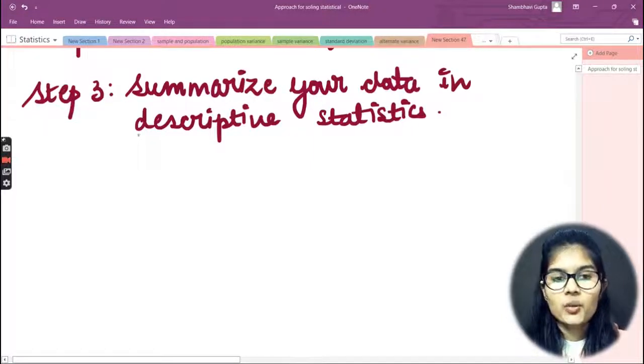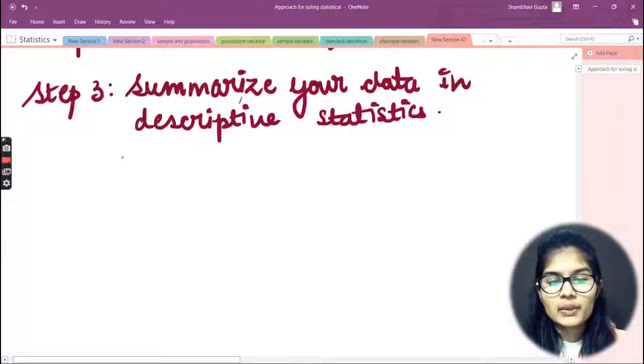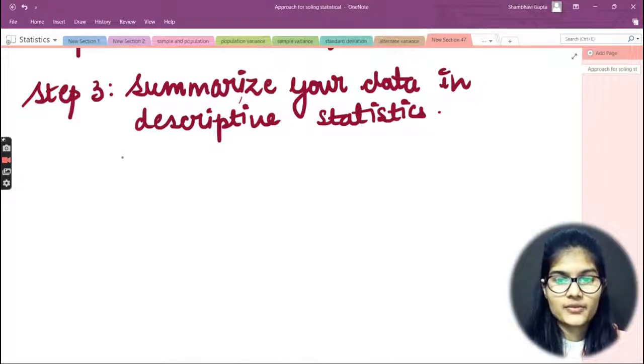For the descriptive you have to go ahead with step number 3. When you have collected all of your data, you inspect it, you calculate the descriptive statistics, and that summarizes your complete data. So yes, the same procedure has to be followed here. You have to summarize your data into descriptive statistics.